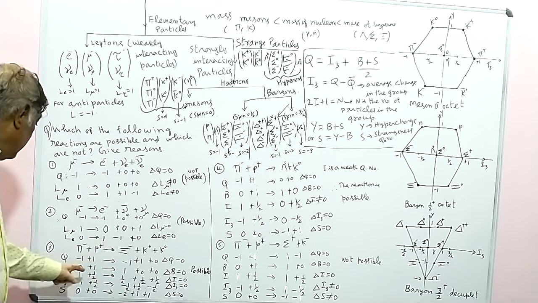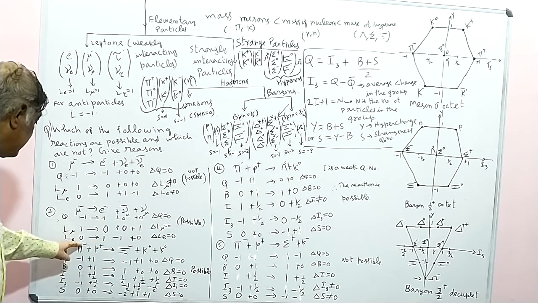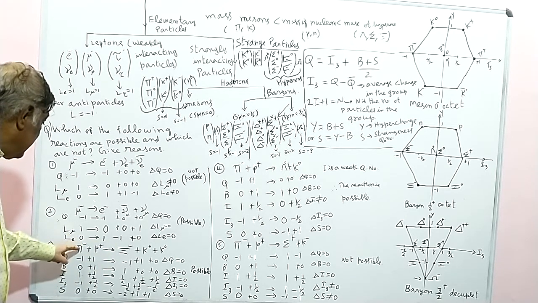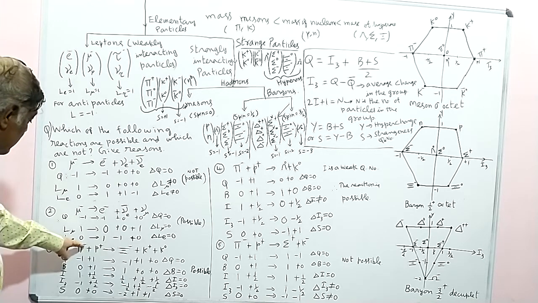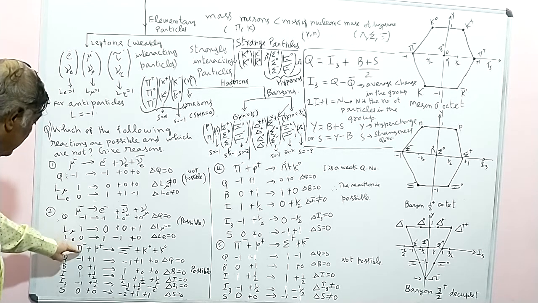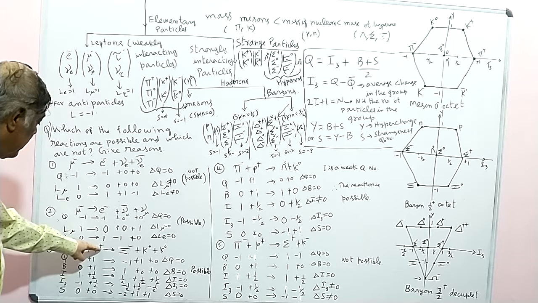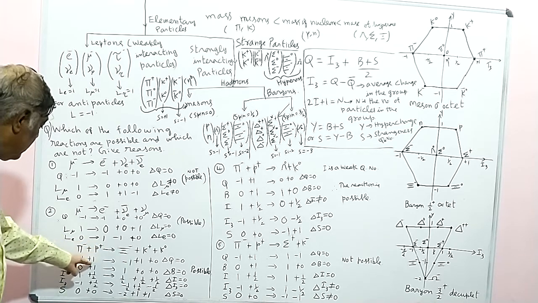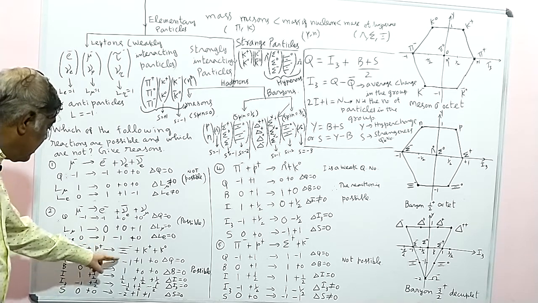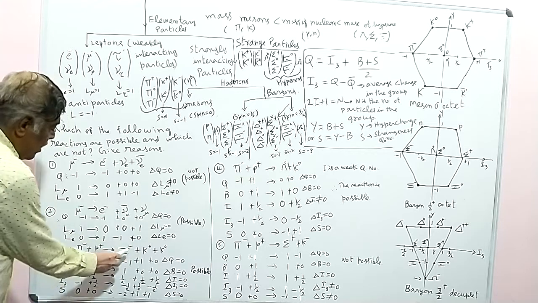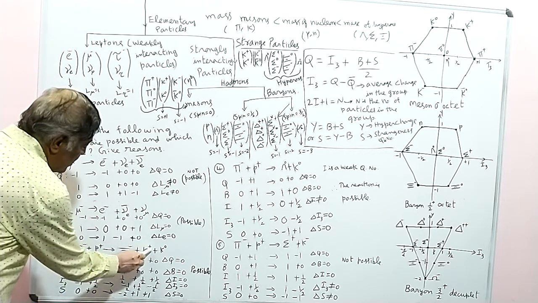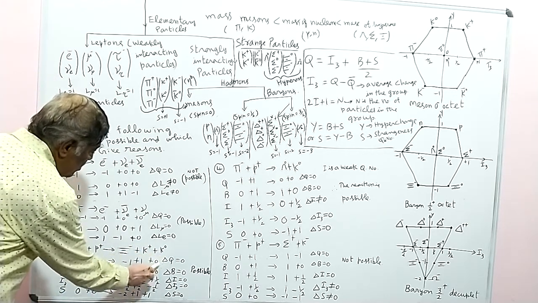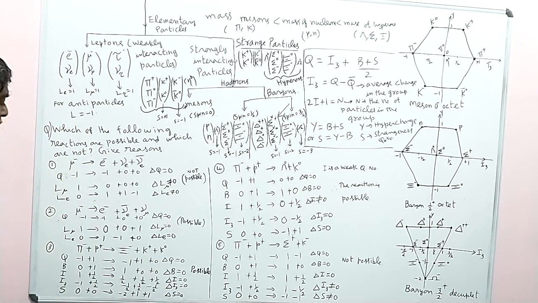Now the charge conservation can be easily found from the symbols themselves. Pi is minus, P plus is a proton so plus, xi is minus, K plus is plus 1, K0 is 0. So minus 1 plus 1 equals 0, and after the reaction also 0. So delta Q is equal to 0.